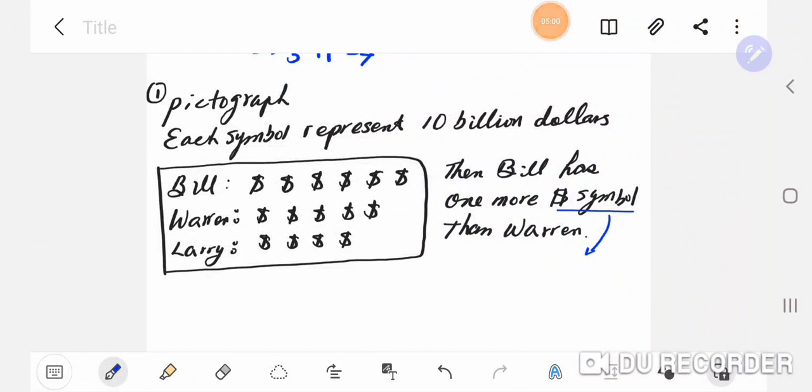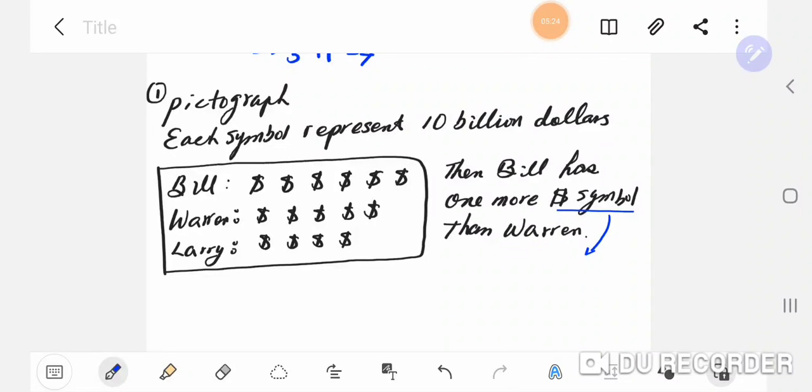Okay, here is a pictograph. This picture contains dollar symbols. So Bill has 1, 2, 3, 4, 5, 6, six symbols and Warren has five symbols. Each symbol represents $10 billion. Then Bill has one more dollar symbol than Warren.